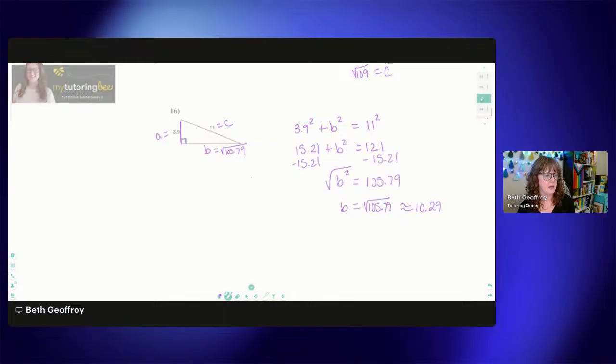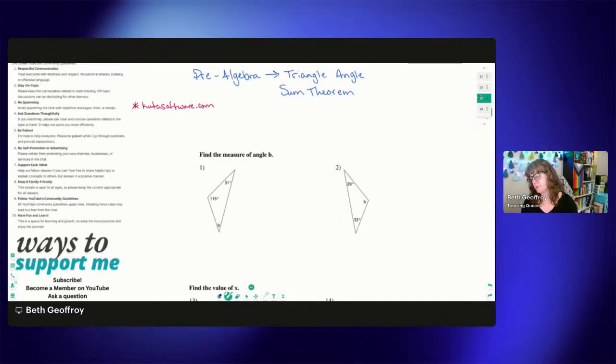All right, on the next page for our next pre-algebra skill, we're going to be talking about the triangle angle sum theorem. This one should be pretty quick. With the triangle angle sum theorem, sum meaning that is the answer when you add, right? So the sum is the solution to an addition problem.